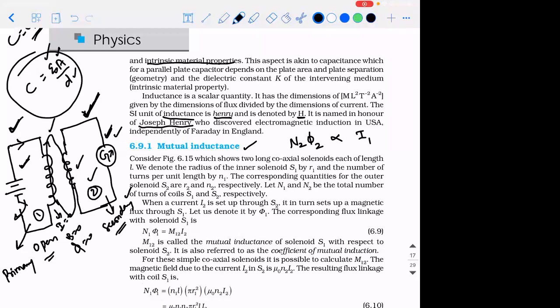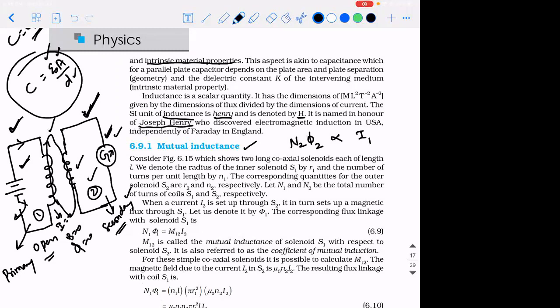The flux in the second coil is linked because of the current in the first coil, unlike the previous situation, where the current and flux were linked within the same coil. That is why it was self-induction. Here, the flux in the second coil is linked because of the current in the first coil.